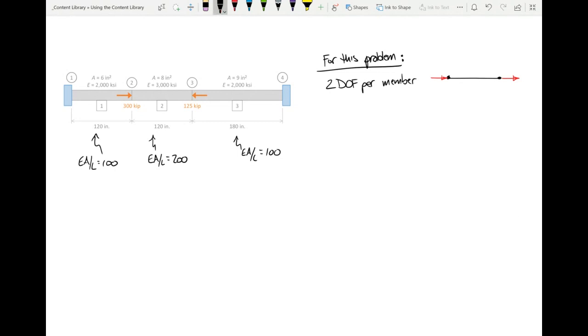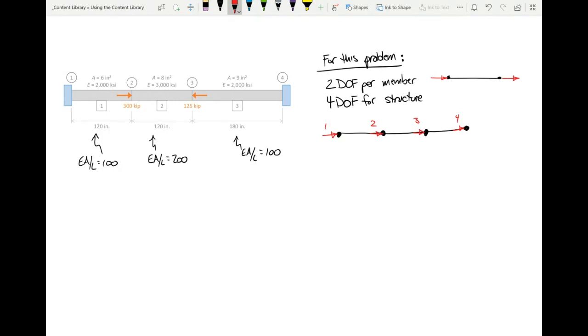See, I propose that the entire structure has 4 degrees of freedom. In other words, here's what RISA or the computer would look at, and each of these joints is going to have 1, 2, 3, 4.